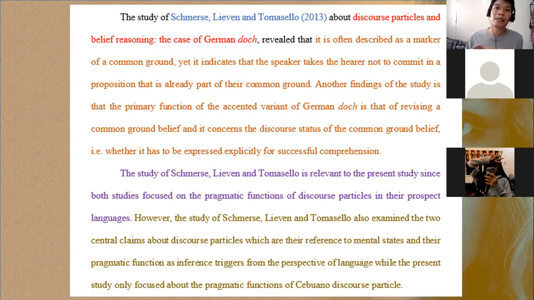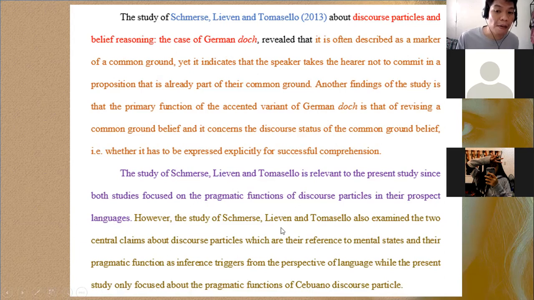So, in writing related studies, there are two paragraphs. The first paragraph is where you need to provide the author, as you can see, the one in blue, and then the title, the one in red, Discourse Particles and Belief Reasoning indicates, and then the result of the study.